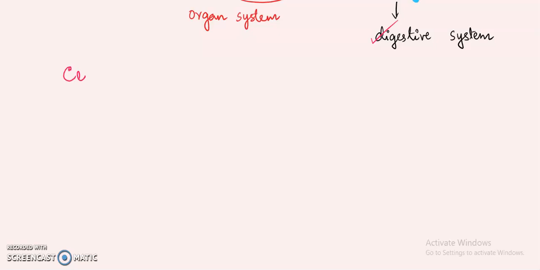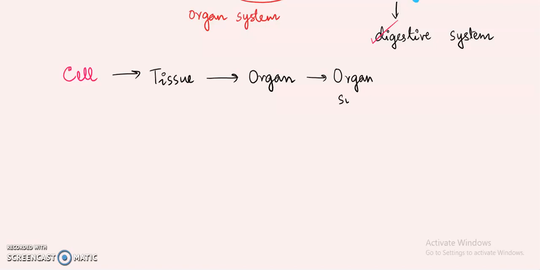Now we should also know one thing, how these organ systems are being made. In grade 9 we already studied that the cell is the structural and functional unit of life, and all the cells that are similar in structure and function assemble together to form tissue. That tissue assembles together to form an organ or a group of organs, and a collection of organs makes an organ system.